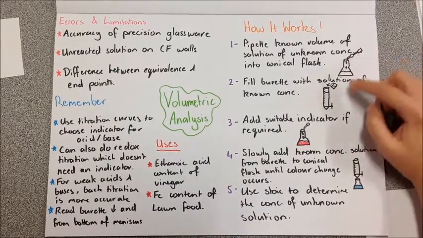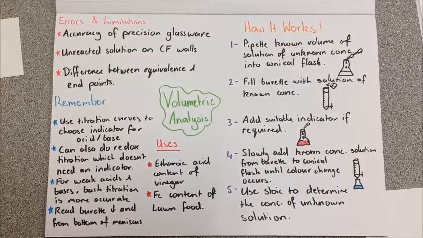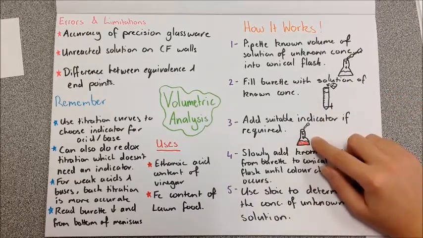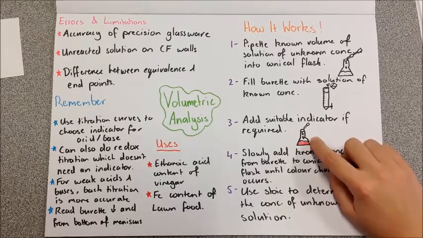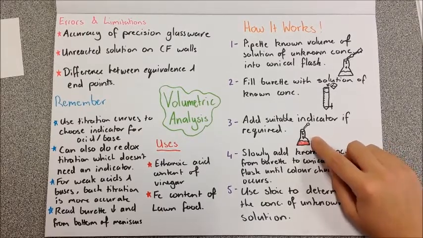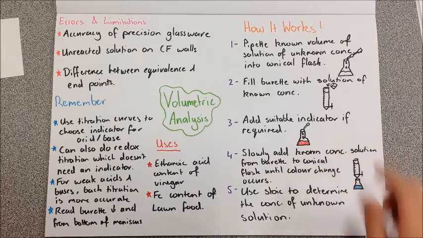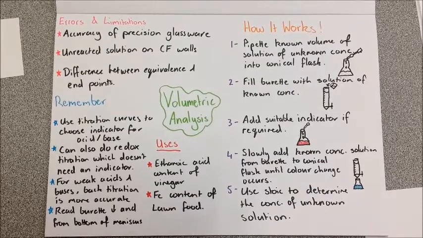Same with the pipettes. The things that end in "et" need to be rinsed with the solution to be used. But things like the conical flask, it's not precision glassware, so it can just be rinsed with deionized water. Now we still need to rinse it with deionized water to make sure that there aren't any other compounds in there that are going to affect our results. And that's volumetric analysis recapped.